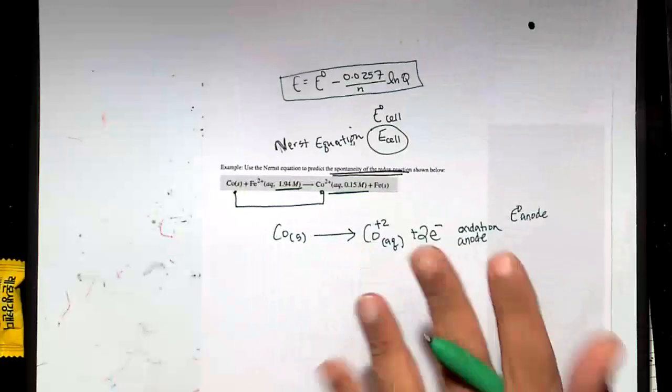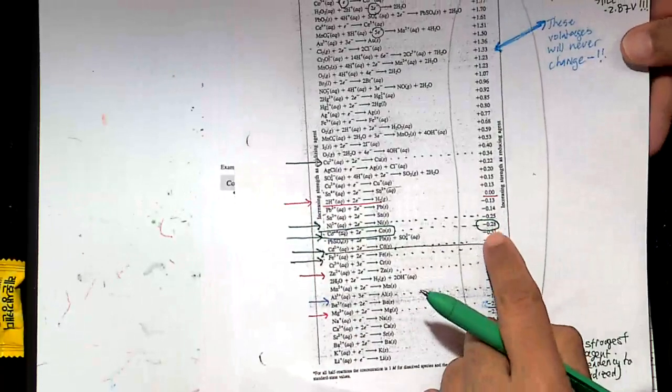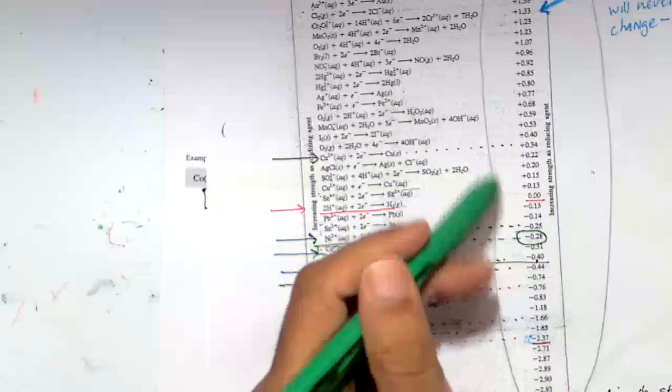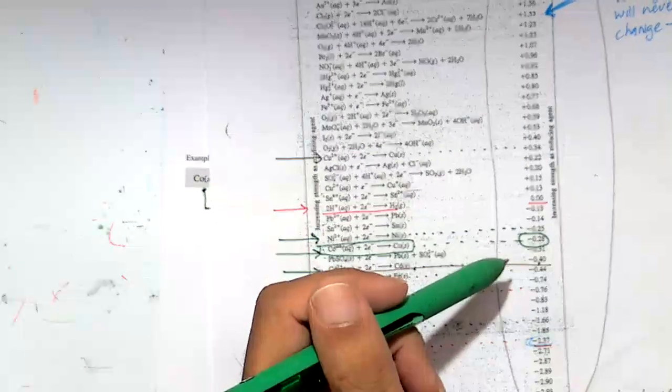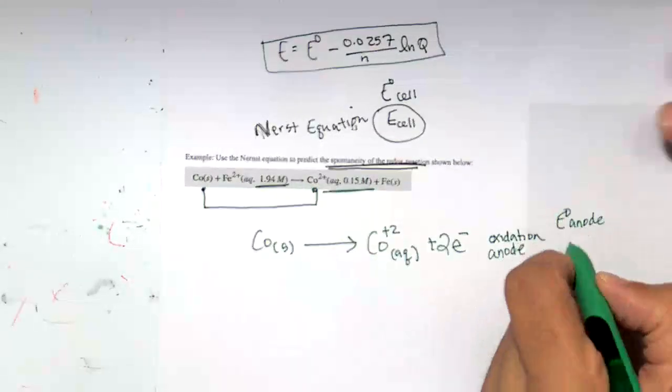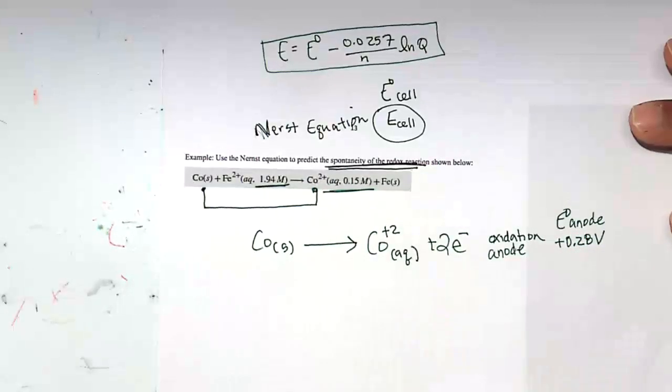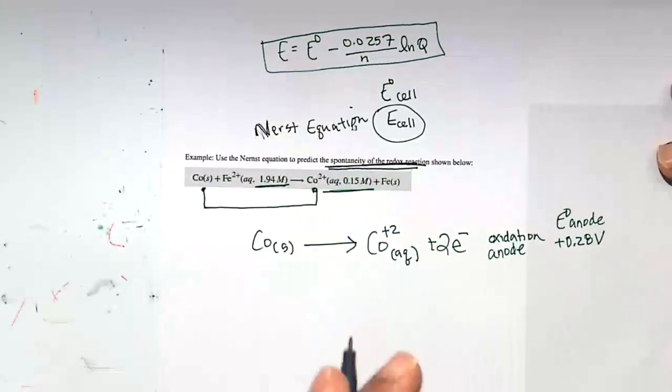And then we'll flip this, because this is the flip of that. When we flip it, that will be positive 0.28 volts. Remember these numbers do not change, so it's going to be positive 0.28 volts. All right, everyone good with that?